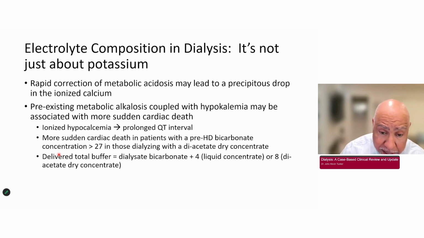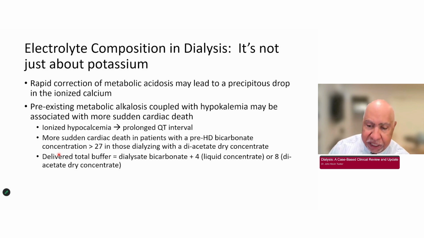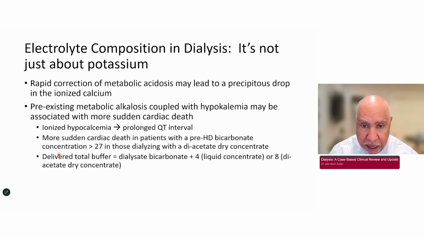There's more sudden cardiac death in patients with a pre-hemodialysis bicarbonate concentration greater than 27 in those dialyzing with a diacetate dry concentrate. The delivered total buffer is the sum of the dialysate bicarbonate plus 4 for liquid concentrate or 8 for a diacetate dry concentrate.